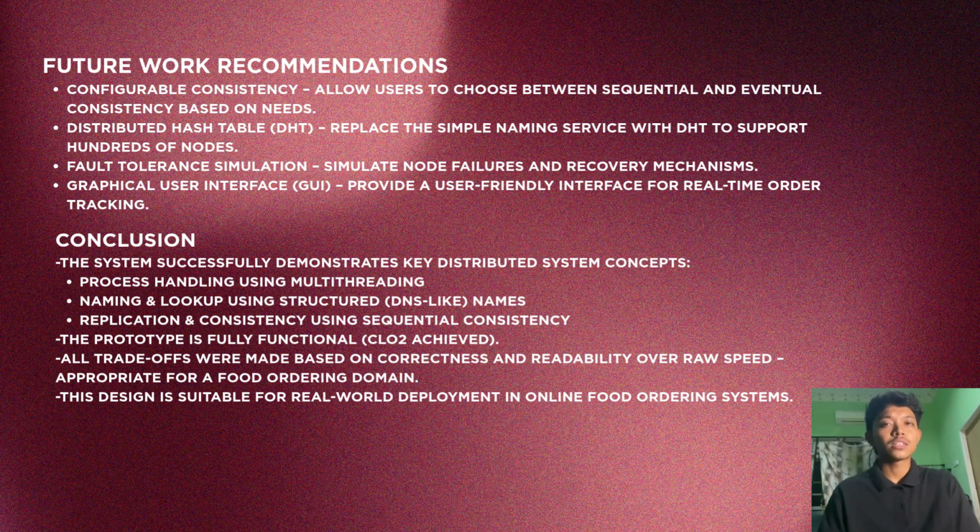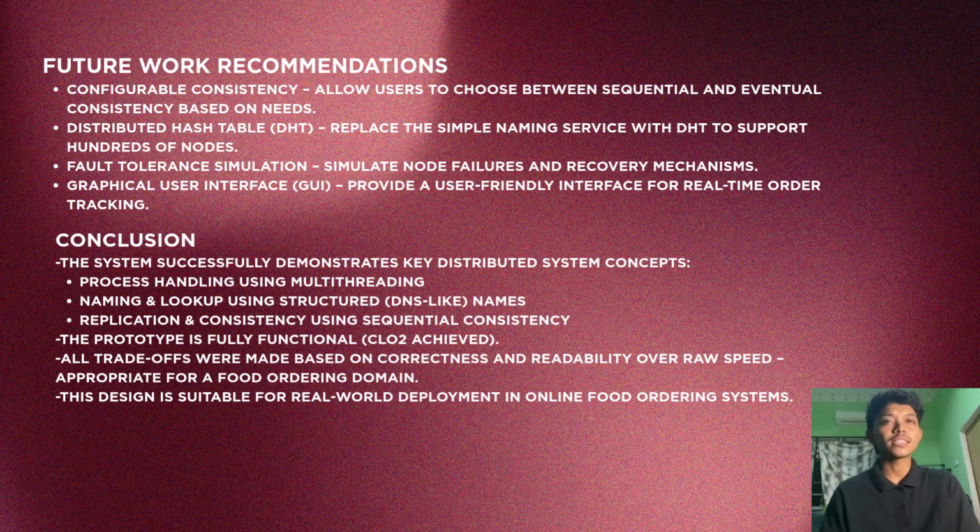Okay, for the conclusion. In conclusion, our system successfully demonstrates the key distributed system concepts, including number 1, process handling using multi-threading, number 2, naming and lookup using structured, which is DNS-like naming, number 3, replication and consistency using sequential consistency.